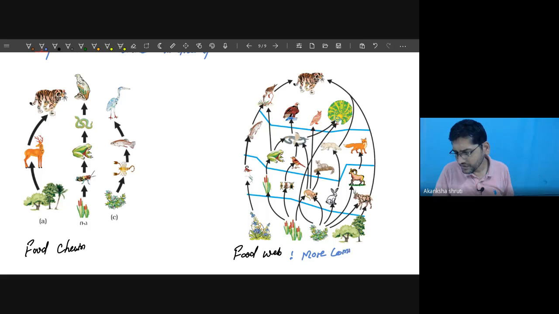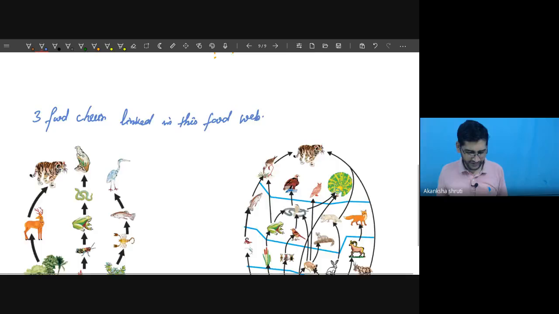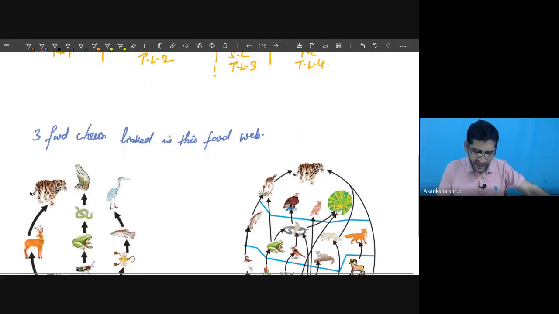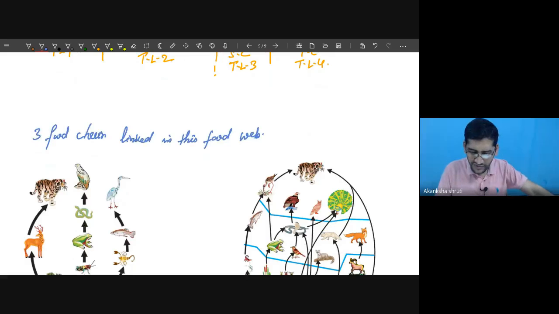It rarely occurs. Okay, no? So that's why we are always discussing in terms of food web. So three chains linked in this food web, which is more common.